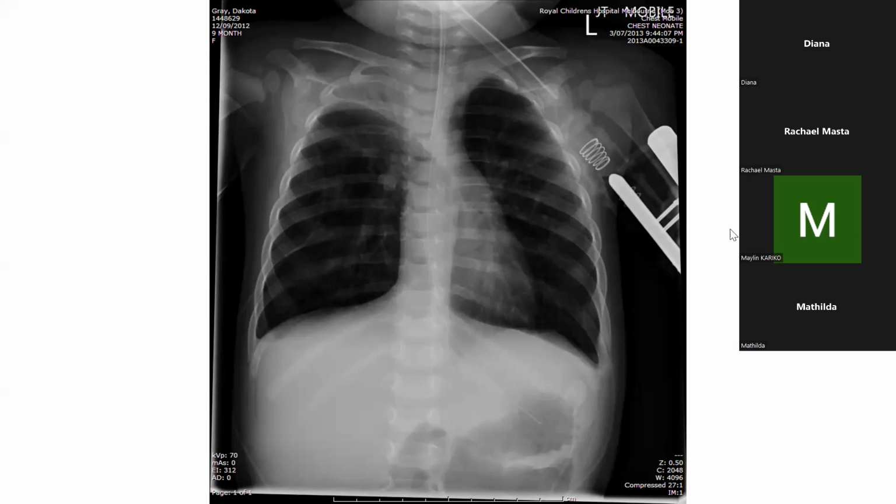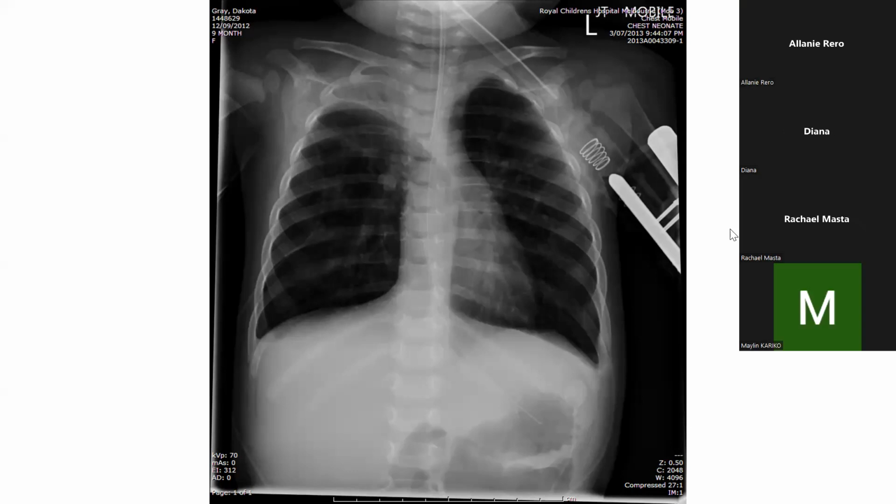If there's reduced, I'm sorry, say that again. If there's reduced blood flow to the lungs. Very good, yeah, that's right. In what condition will you get black lung fields and reduced blood flow to the lungs?